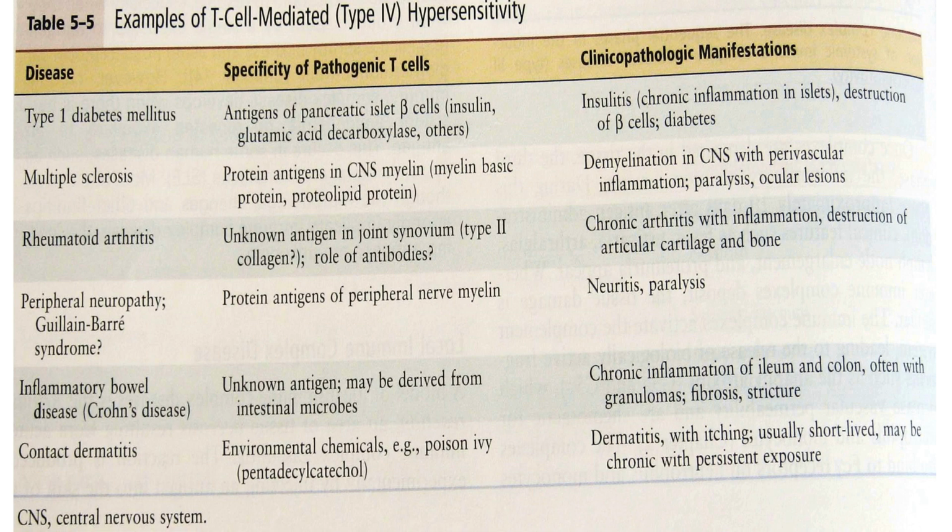And there are examples of T cell mediated type 4 hypersensitivity. We see diseases that are related to this allergic reaction, and there are several diseases, and specificity of pathogenesis of T cell and clinical manifestation.